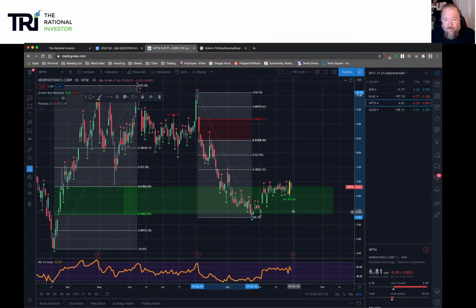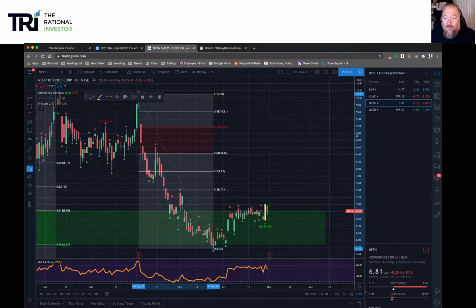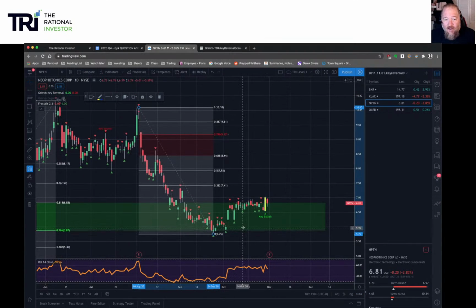Now, gap theory you're going to learn in level 2, but I don't think that I can get away with a 2-to-1 off of this if I do. We're going to see what this does. Like, we have this down candle here. If this comes down a bit more before it breaks up, because we haven't confirmed this key reversal, right?